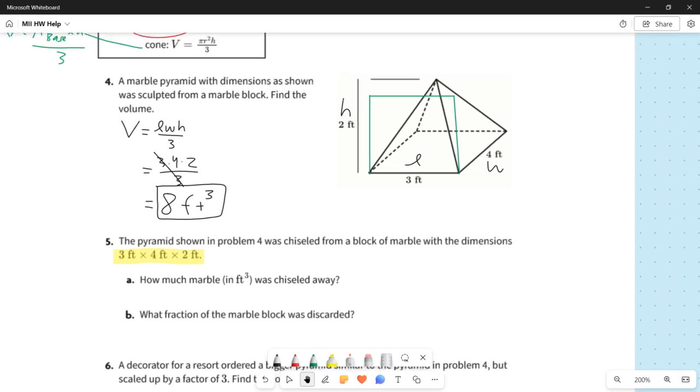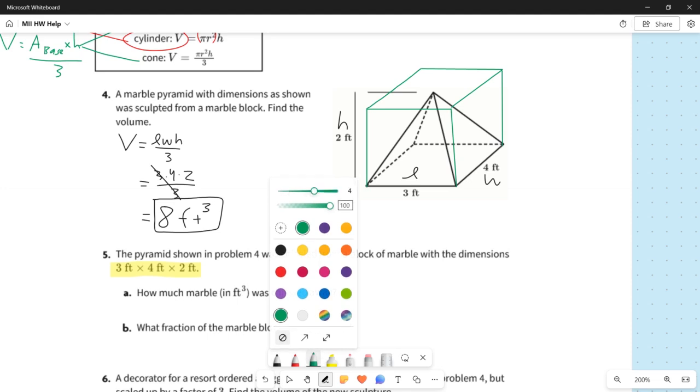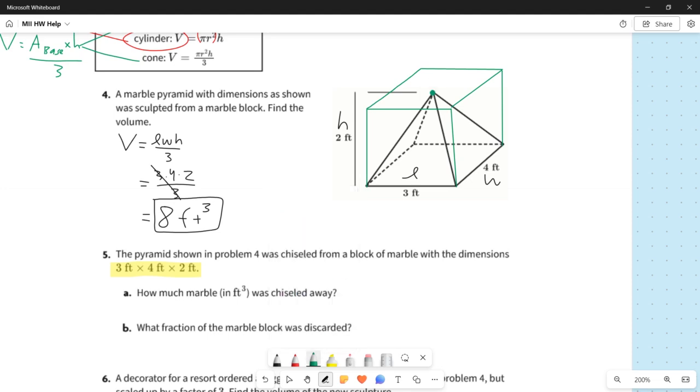Again, this is not strictly necessary, but I think it might be helpful to visualize what's happening here. Something like that, and then down, and that apex is intersecting right there, and this just comes down and is my height. Okay, so I don't know if that helps or not.